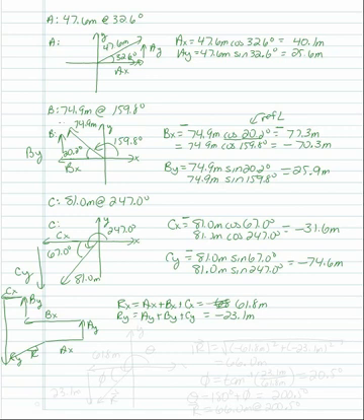So this says our resultant will look like this. The x component is 61.8 meters to the left, or negative x, followed by 23.1 meters down. So here's the resultant.